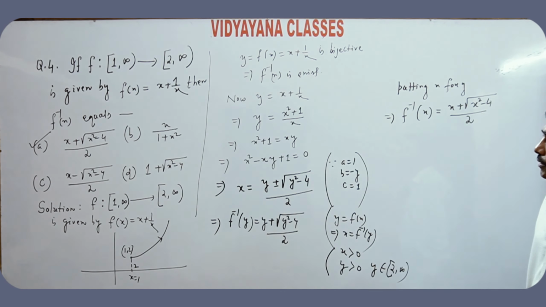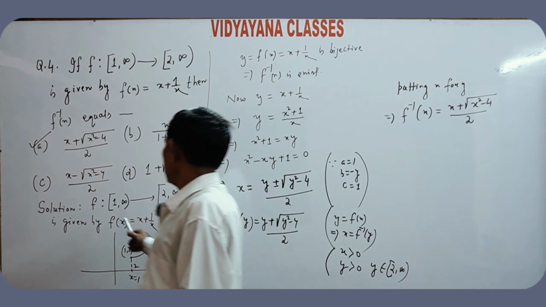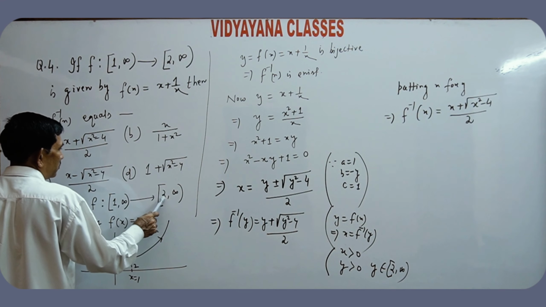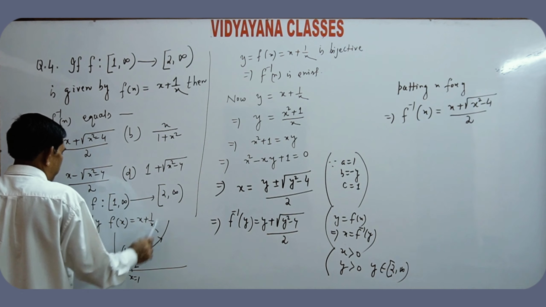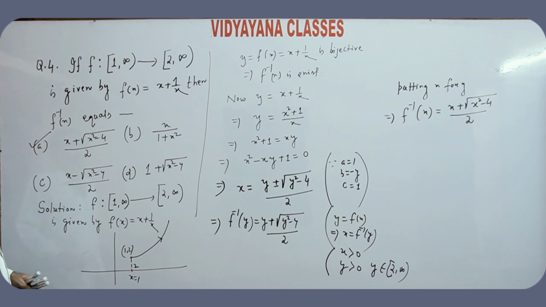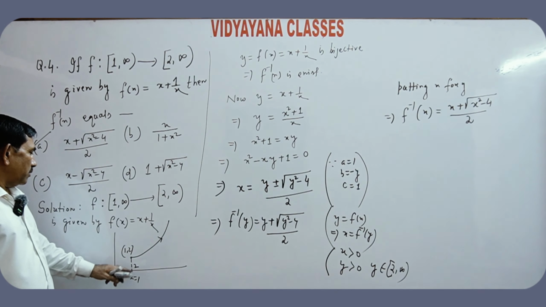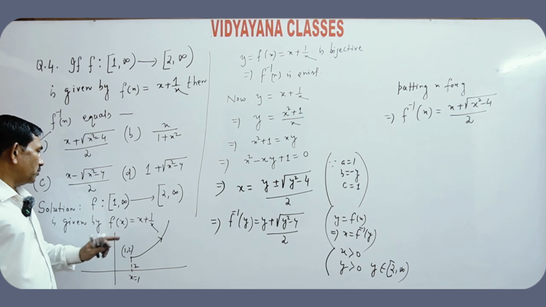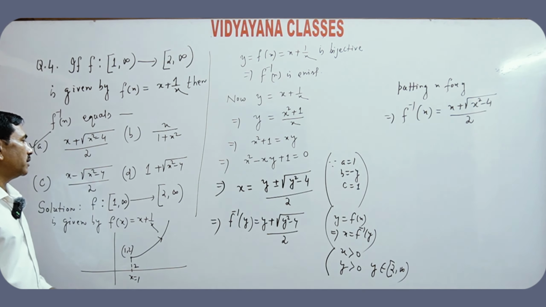Clear? Let f from [1, infinity) to [2, infinity) be given by f(x) equal to x plus 1 by x. At x equal to 1, the value is 2. The minimum value is 2. The maximum value is infinity.